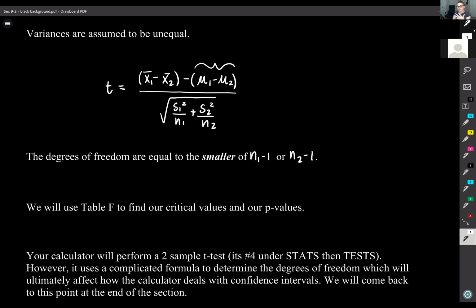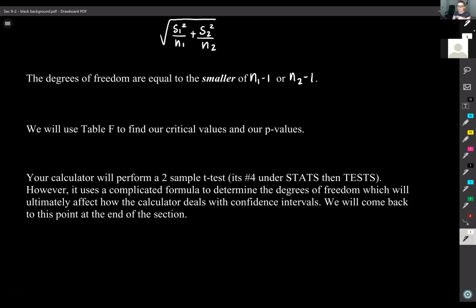But there's something really important that I need to specify before we get into this. Your calculator will perform a two-sample t-test. There's an option in there to use two samples and to do a t-test. There's even an option to do a two-sample z-test. Your calculator is totally capable, but it uses a very complicated formula to determine the degrees of freedom. Instead of using the smaller of n1 minus 1 or n2 minus 1, it's not at all what it uses. I don't even know what complicated formula it uses, but it's not even close to accurate.